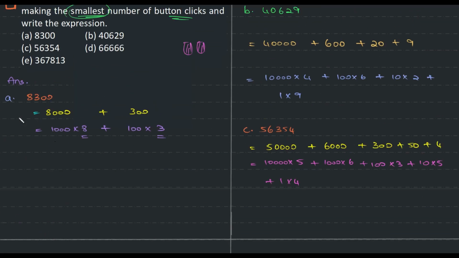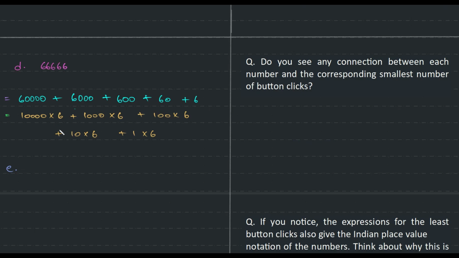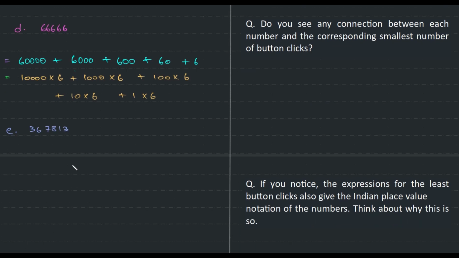And finally we have 367813. How do we write this? Oh no, sorry, this is 3 lakh, 60,000, 7,000, 800, 10 and 3.